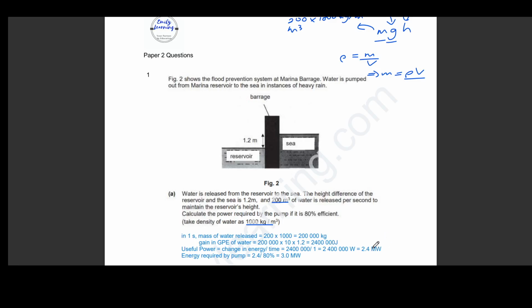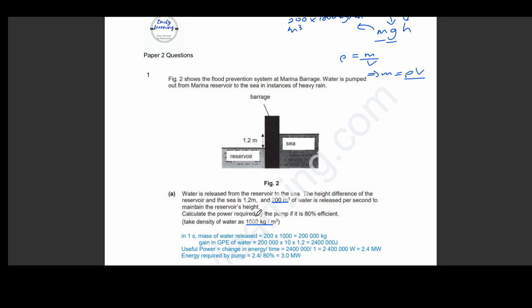Now we know that the pump is not 100% efficient, it's only 80% efficient. So this means that 80% produces 2.4 megawatts, which is used to lift the water. The rest is being lost. So how do we know how much power the pump supplied?